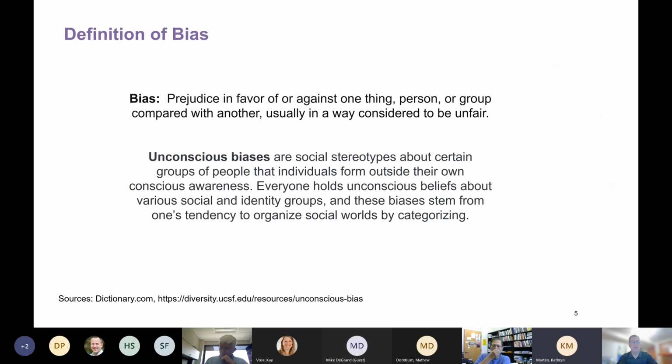So let's start with bias. If we go to dictionary.com, it says it's prejudice in favor of or against one thing, person, or group compared with another, usually in a way considered to be unfair. Unconscious bias, this is from the website of University of California, San Francisco, takes that one step further to say it's sort of social stereotypes about certain groups of people.